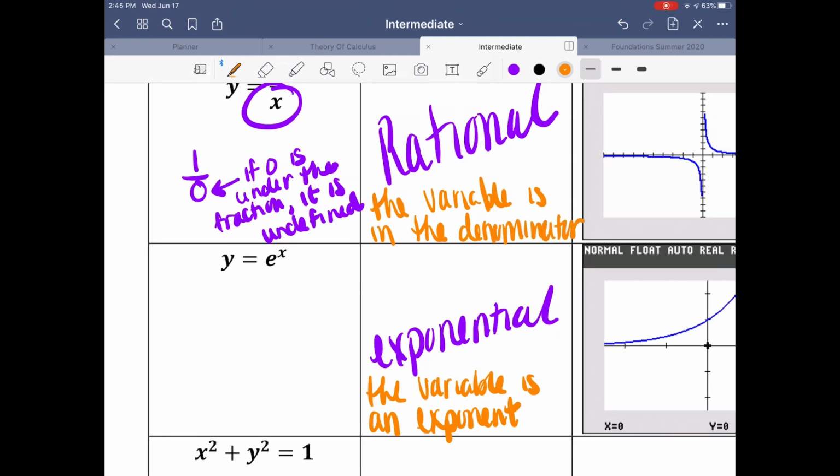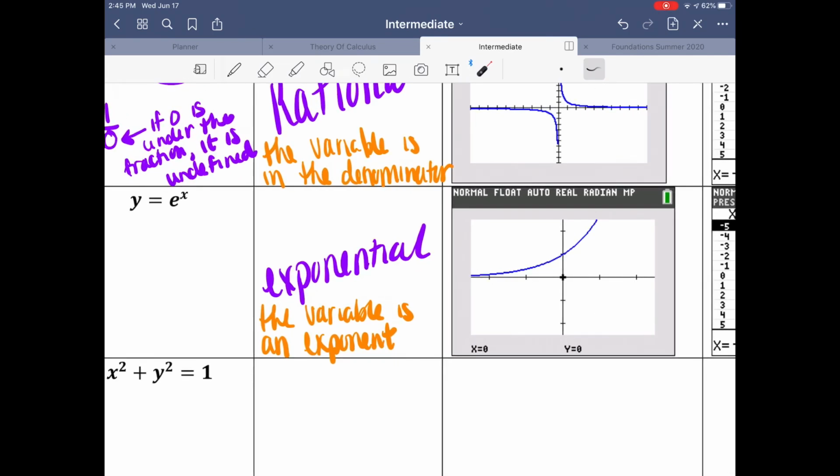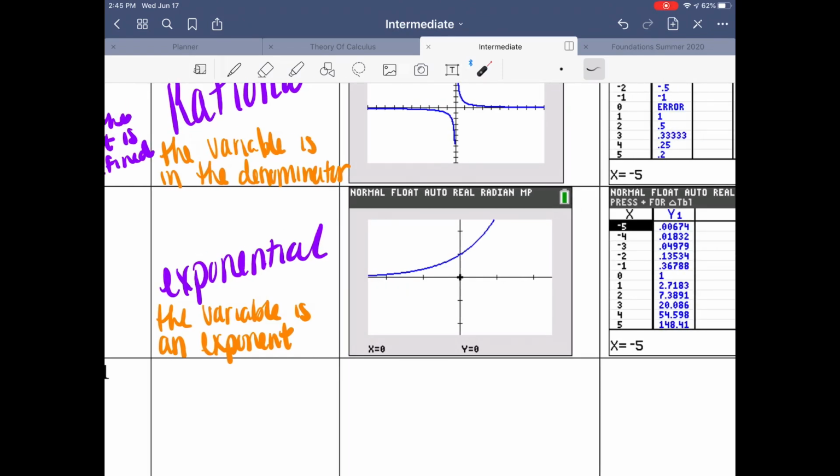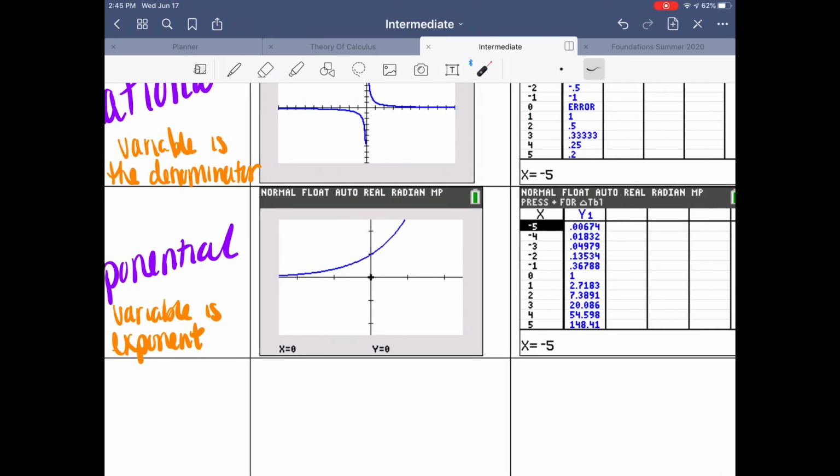So this is kind of how you can identify. This e is actually just a number. It's kind of like pi. It's not equal to pi, but it's kind of like pi. It's just a symbol for a number. And putting this exponent up here makes it an exponential function. The graph of an exponential function looks something like this, depending, because it might change. This is just the parent function.